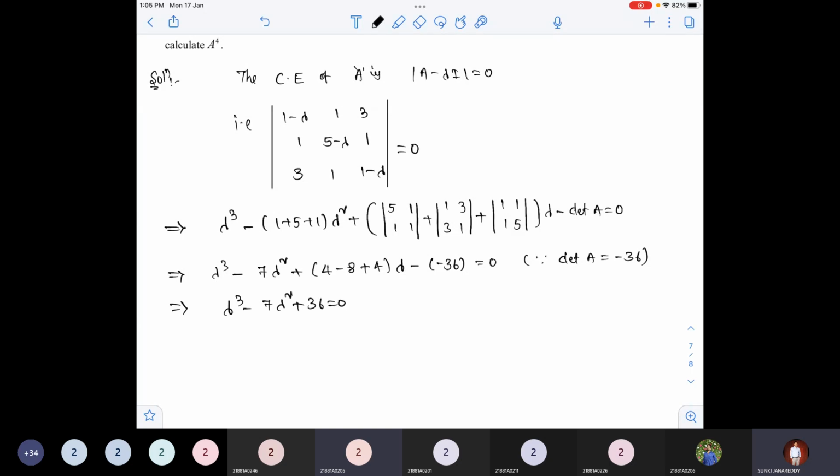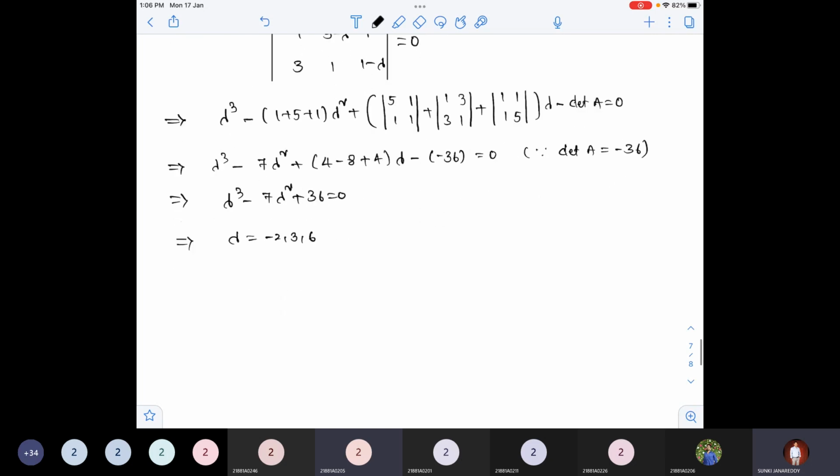Here how to find roots for this? That you already know. What are the eigenvalues? Minus 2, 3, 6. Can I write like this? You can take any order, no problem.